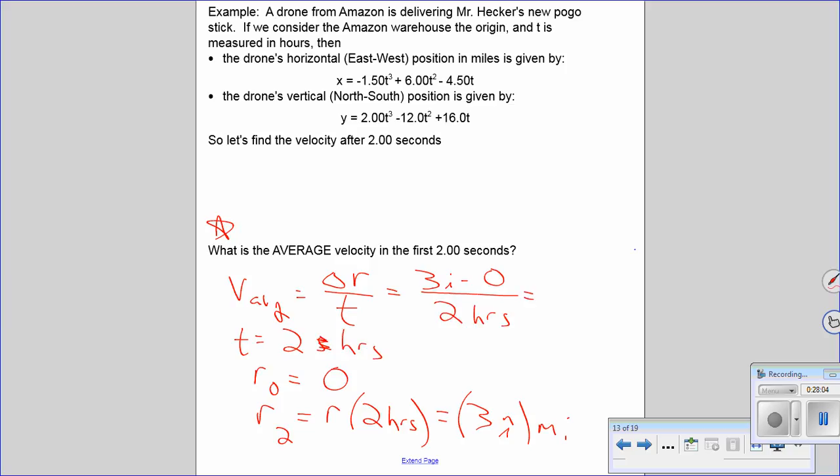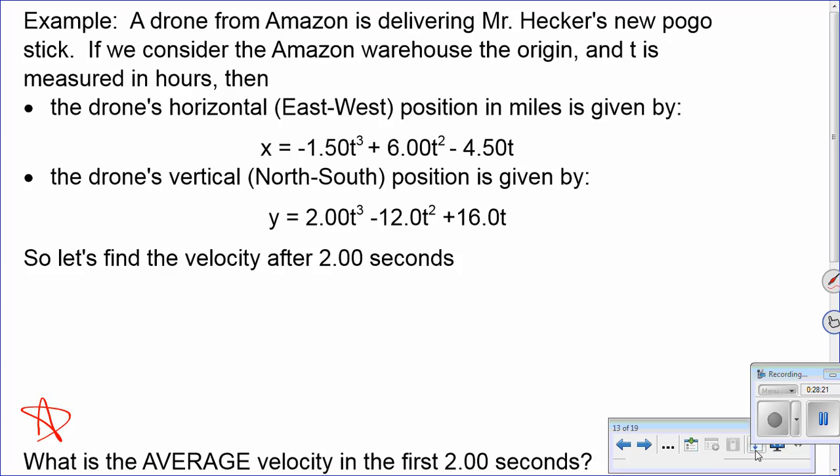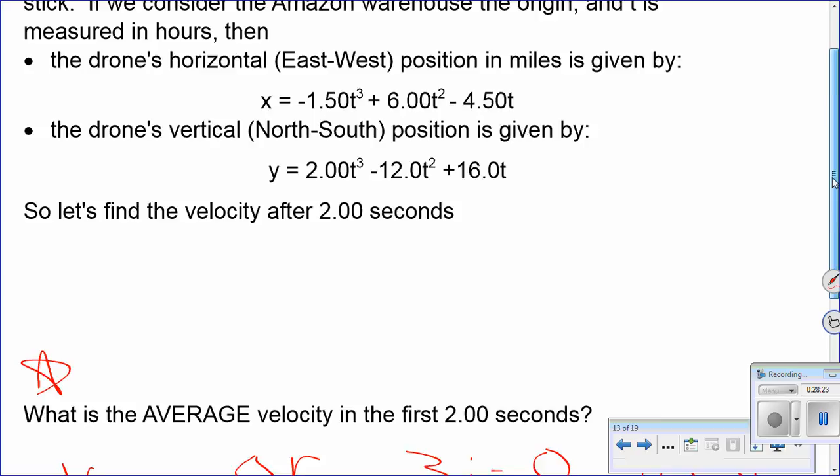And so you get 1.5i miles per hour, right? Here, let me do this. I see somebody squinting. Nope, that didn't help. There we go.